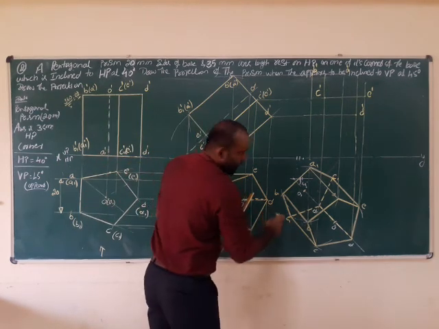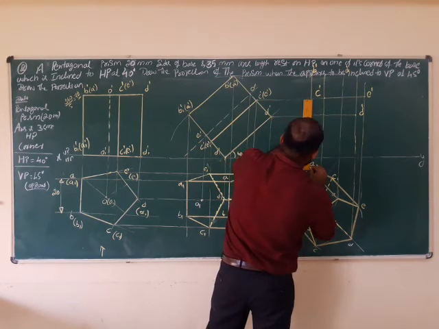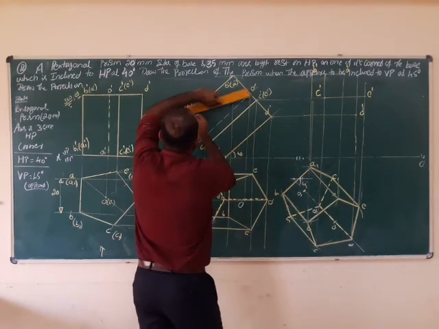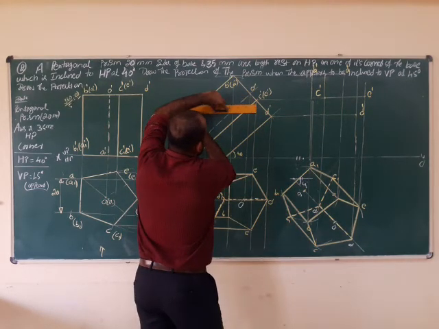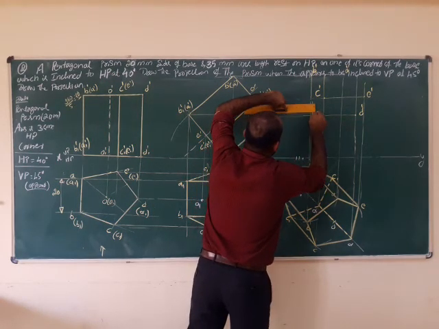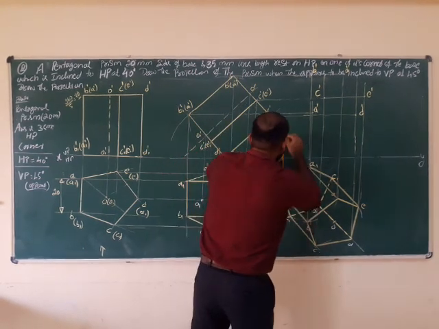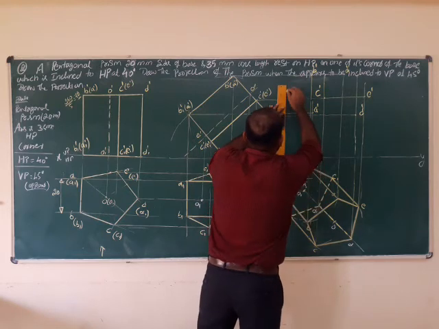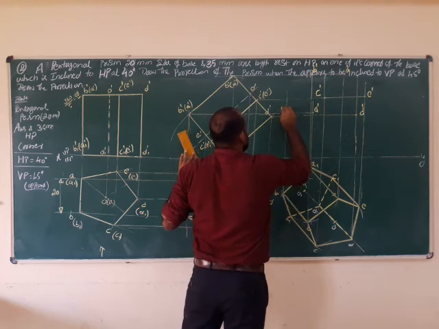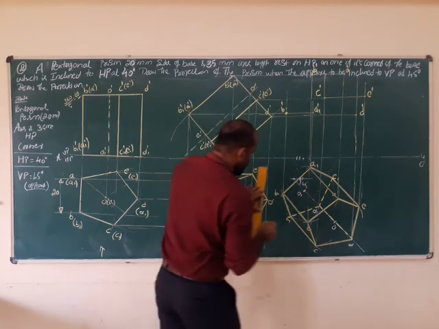Now we have to find out A1, B1, C1, D1. That line is called A1. This point is called A1. Next B1. The B1 is the same line. B1 dash, A1 dash. Next C1.